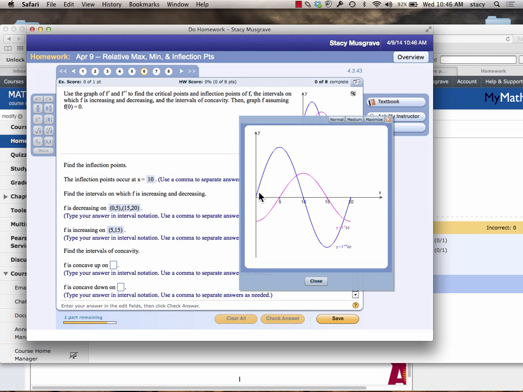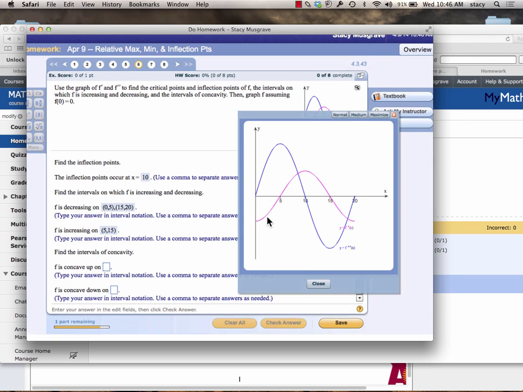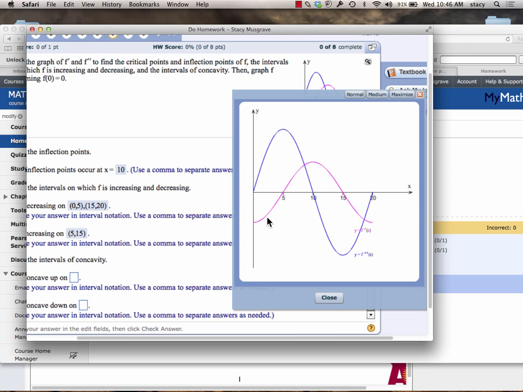What is that equivalent to saying? The second derivative is positive, right? Because saying that f prime is increasing is the same as saying the rate of change of f prime is positive, right?